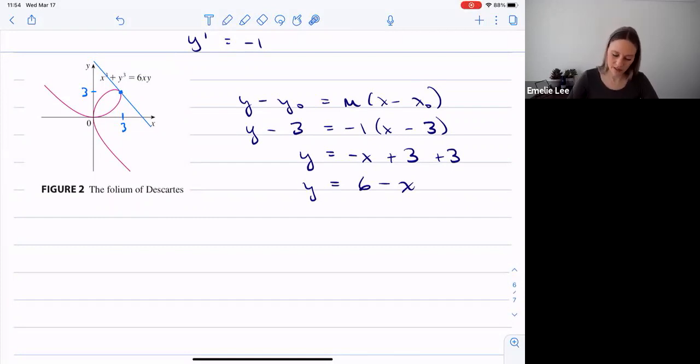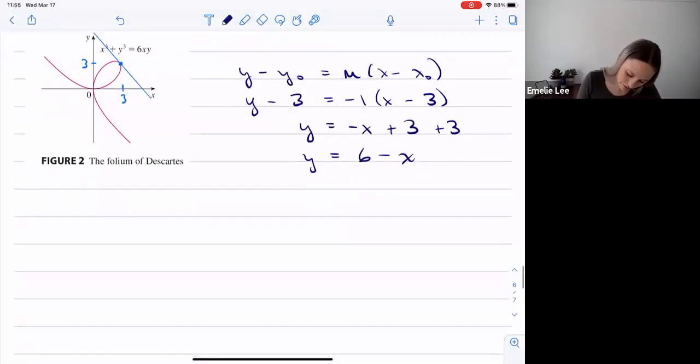So y equals 6 minus x would be the equation of this line here. You could even rearrange this implicitly to match the original function, so you could write y plus x equals 6 if you wanted to. You don't have to.